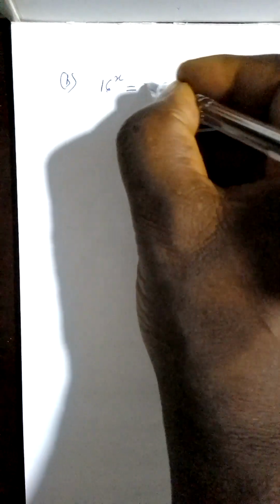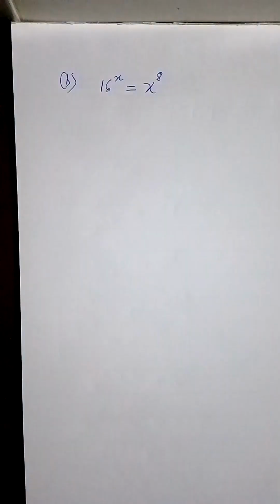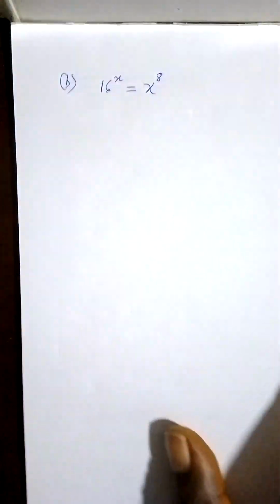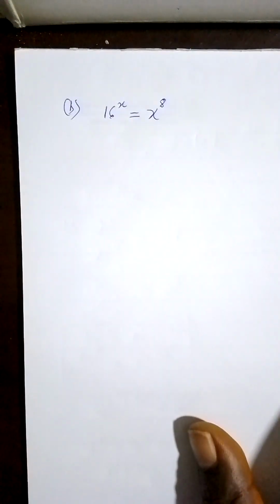We have 16 to the power of x equal to x to the power of 8. Okay, so what I'm going to do is to try to remove the index on the left.